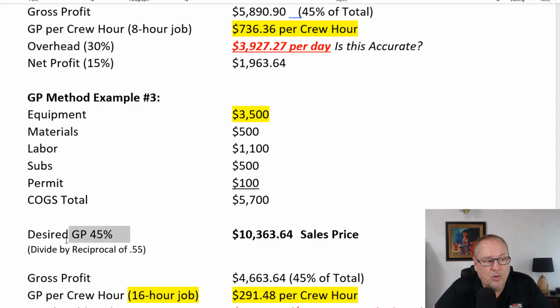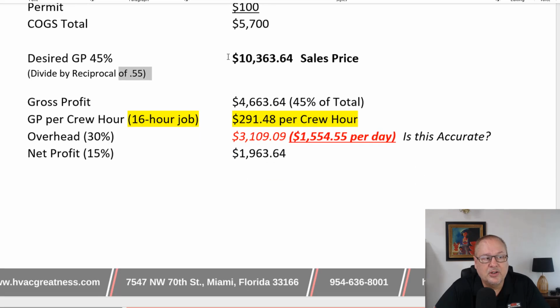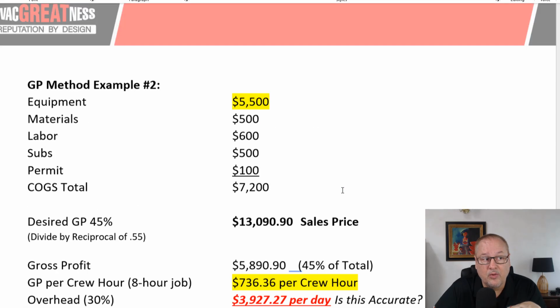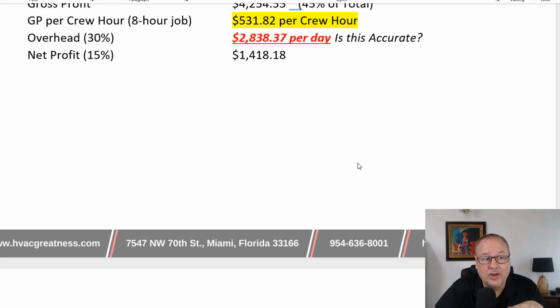We divide it by 0.55, I'm sorry, 1.55, so we get a 45% GP. That's our selling price. Well, wow, we made a $3,000 GP, right? That's all good except for it took us 2 days. So now we're making an overhead of $1,500 plus some change per day. Is that our overhead, or is $3,900 our overhead, or is $2,800 our overhead?